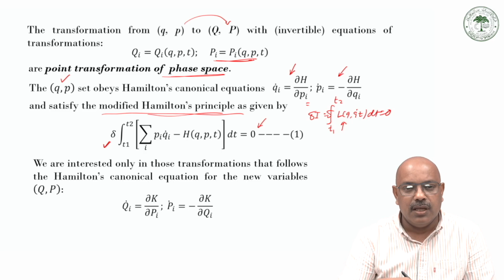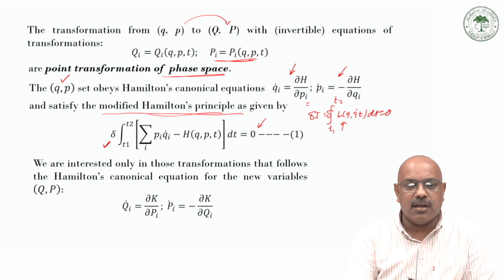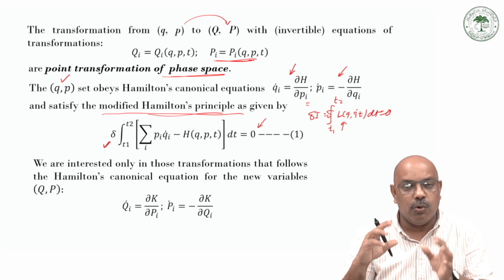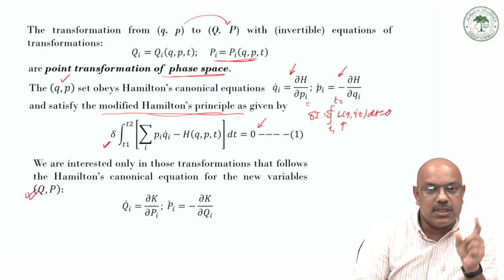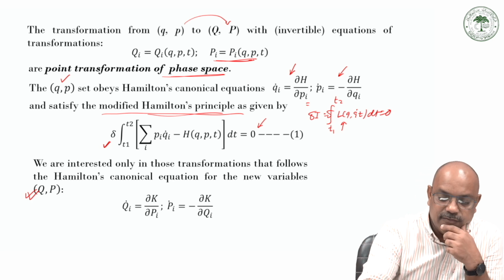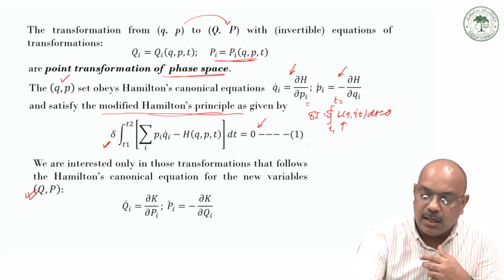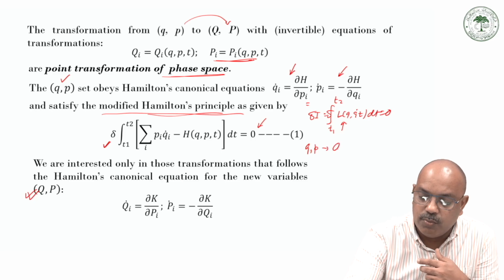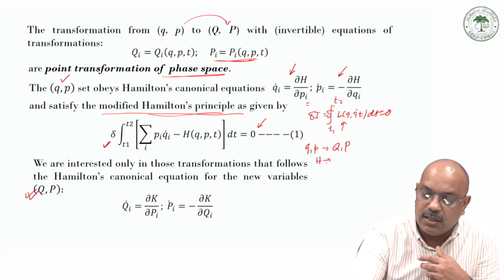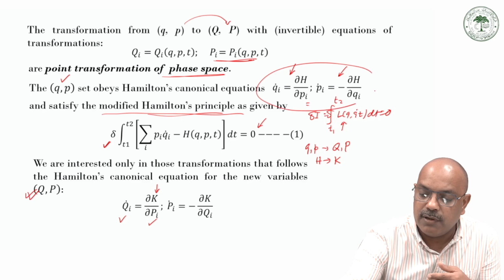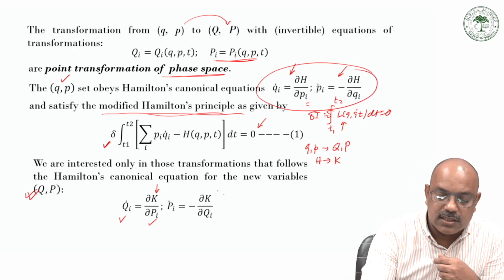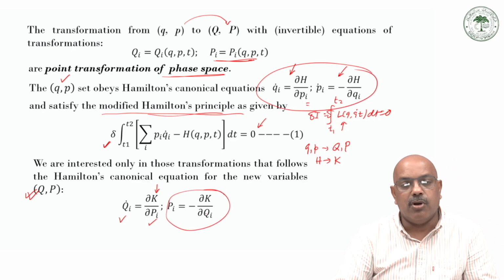So my old coordinates q and p obey the Hamilton canonical equations and satisfy the modified Hamilton's principle. What we are interested in is such a transformation from old coordinates to new coordinates, Q and P, such that they follow the same type of Hamilton's canonical equations. That is, if I'm transforming from q, p to Q, P, then my new Hamiltonian, say K, gives Q dot equals ∂K/∂P_i, by analogy with the above, and P dot equals minus ∂K/∂Q_i.